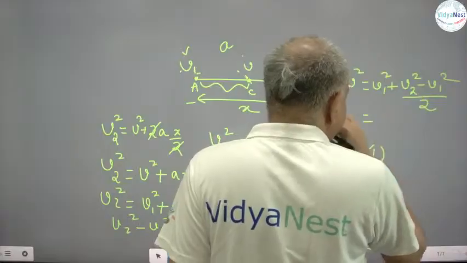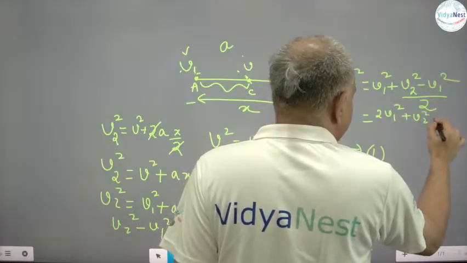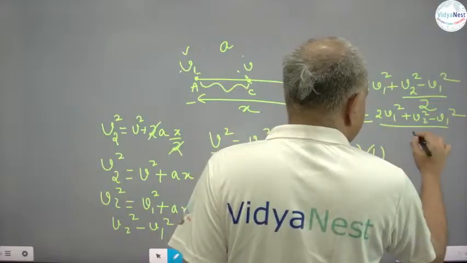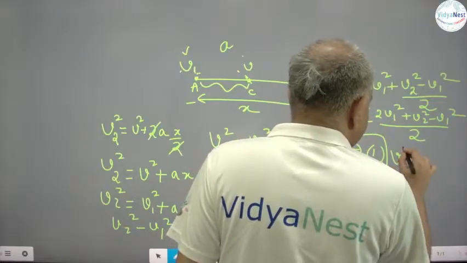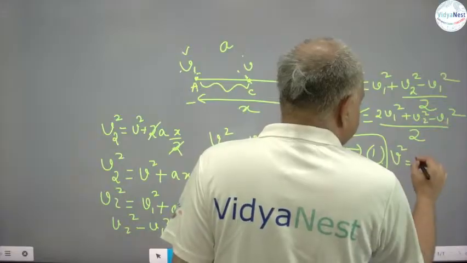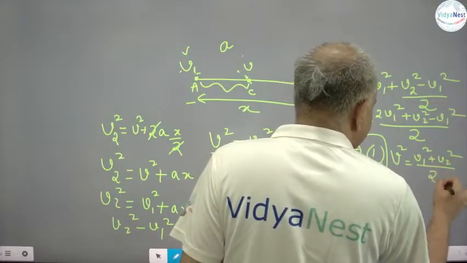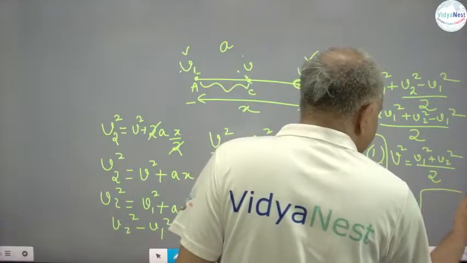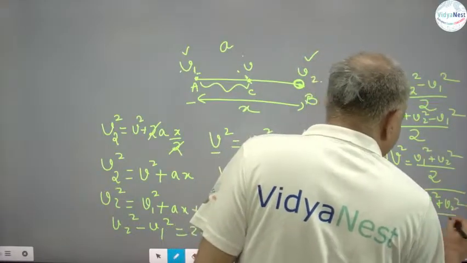So 2v1 square plus v2 square minus v1 square, by 2, is equal to v square. Finally v square is equal to v1 square plus v2 square divided by 2. That means v is equal to root over v1 square plus v2 square by 2.